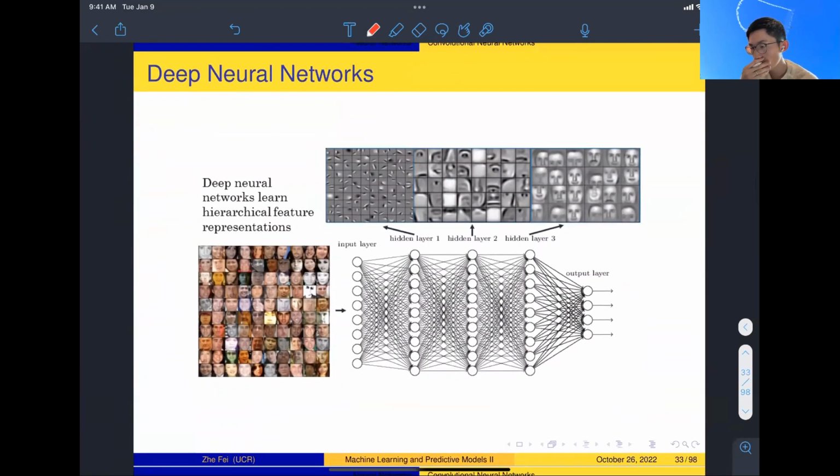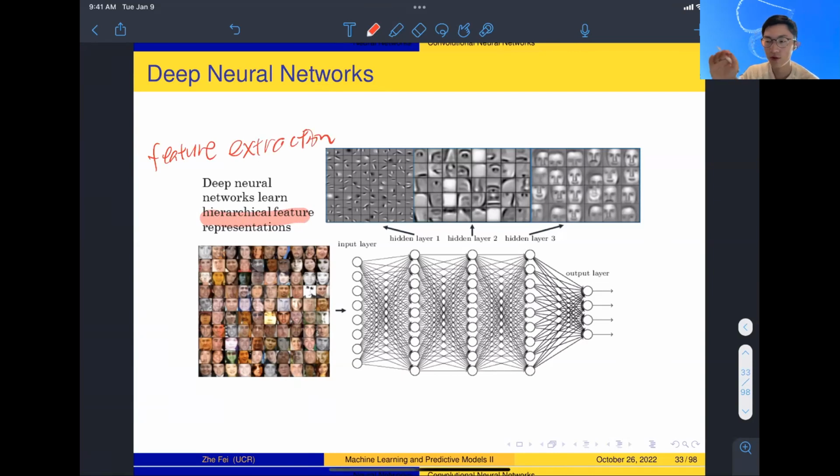So here's one illustration, an example of deep neural networks. For example, people want to learn this hierarchical feature representation of people's faces. In other words, this is a feature extraction problem.